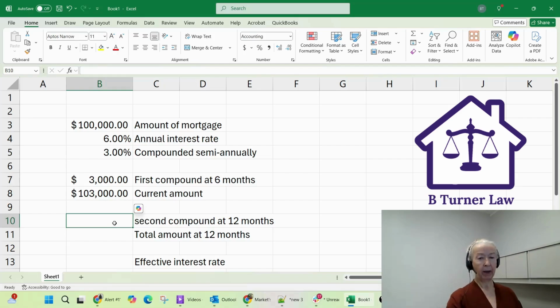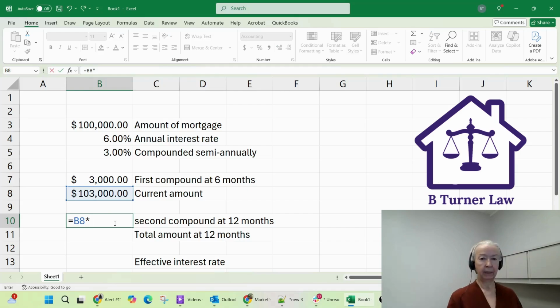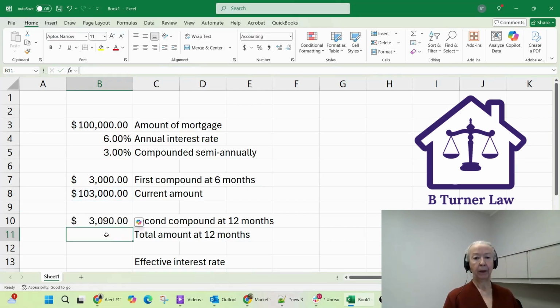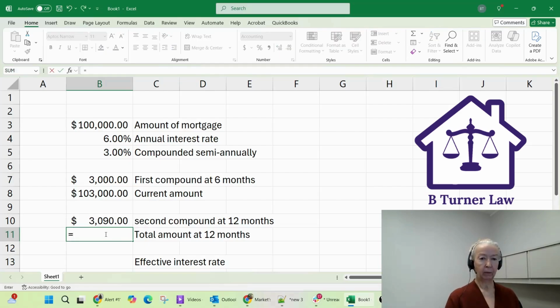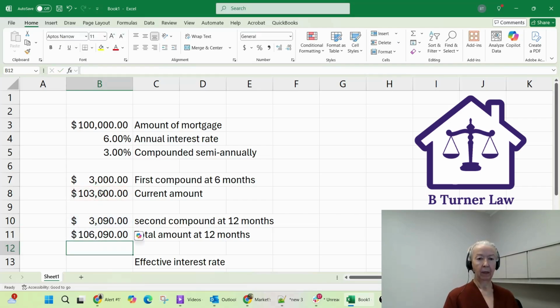And then at the 12 months, we would have our second compounding. So it's equal to this times the compound rate. And the total amount of interest at the end of the year is equal to the two amounts. So we can see that it's not exactly 6%.